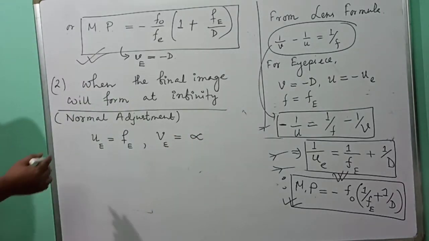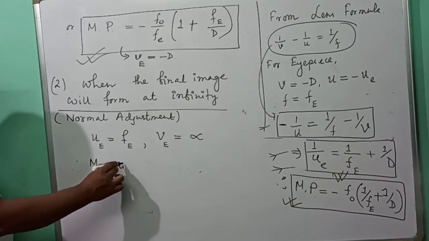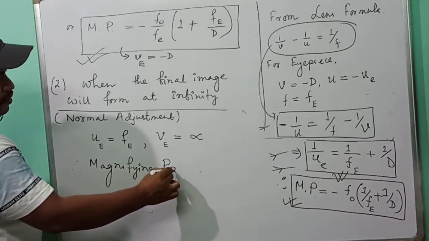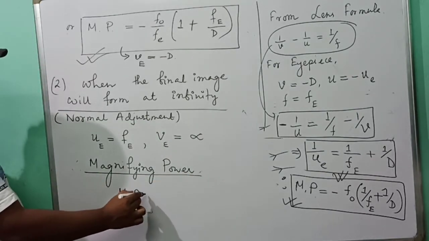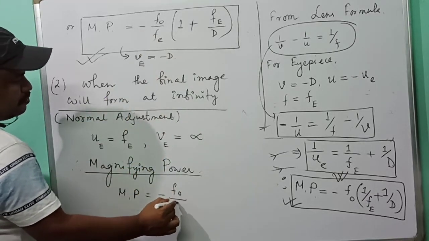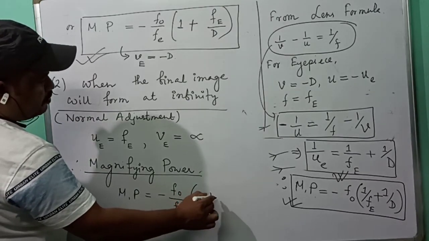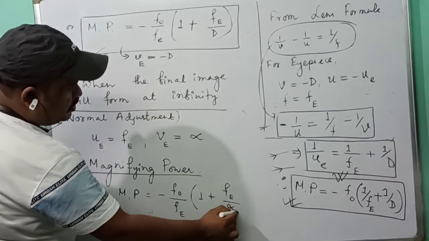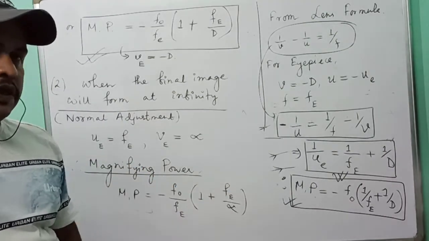So in that case your magnifying power will become minus f naught by fe into 1 plus fe by infinite, and 1 by infinite will become 0.